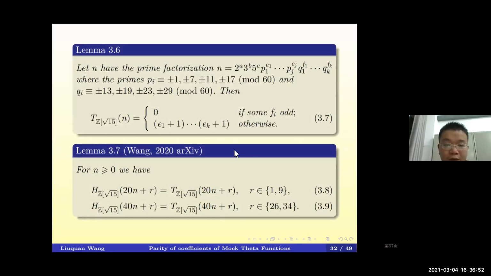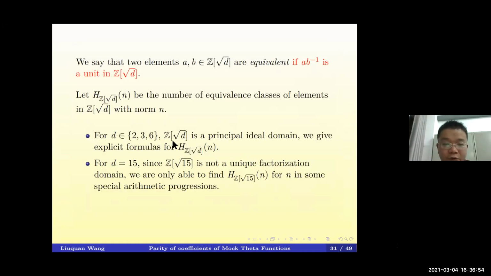I want to remark that for these 3 cases, the formulas for H of n were also discussed earlier by Lovejoy, and we added several minor cases in his discussion. And for this case, it is new, as I cannot find any reference before.